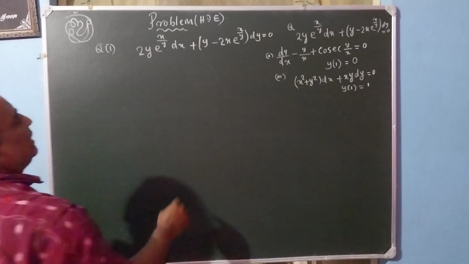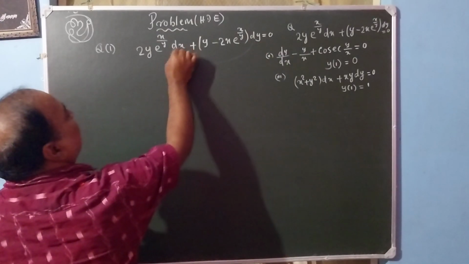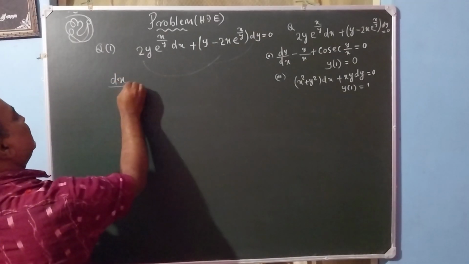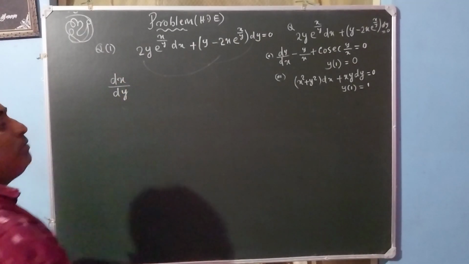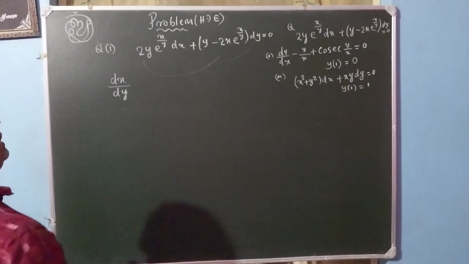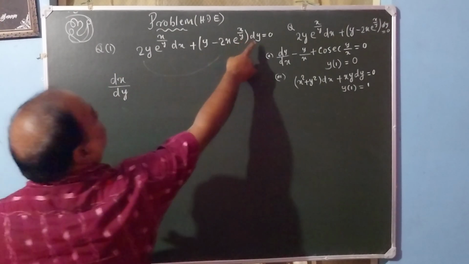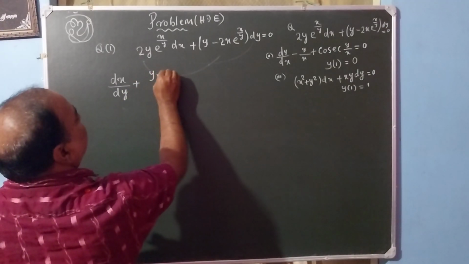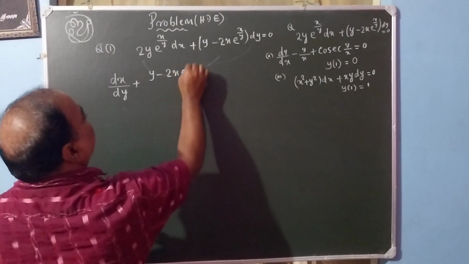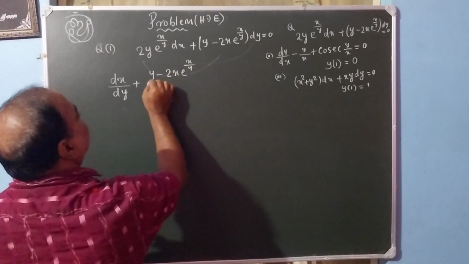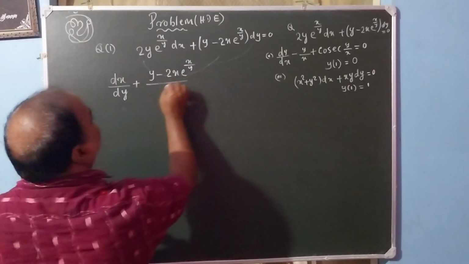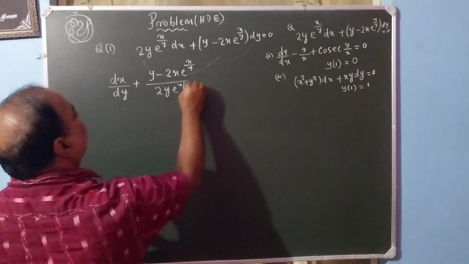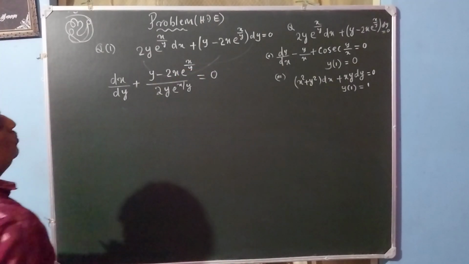So this can be written by dividing by dy, so dx by dy plus (y minus 2x e to the power x by y) divided by 2y e to the power x by y is equal to 0.